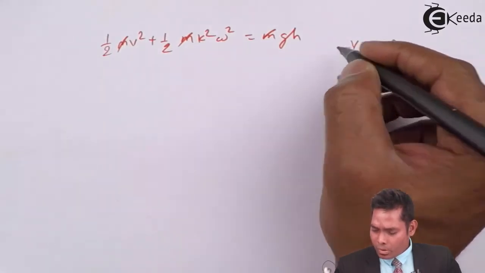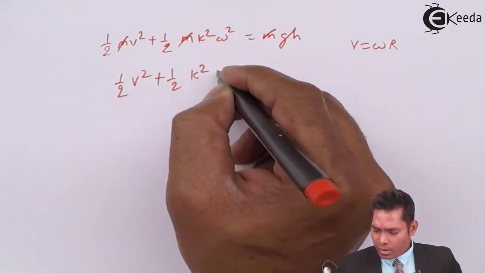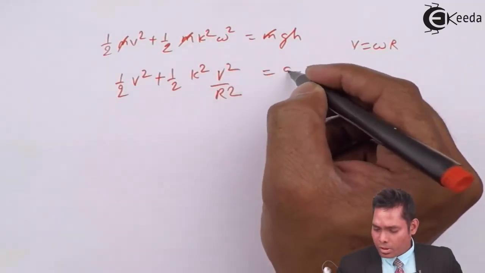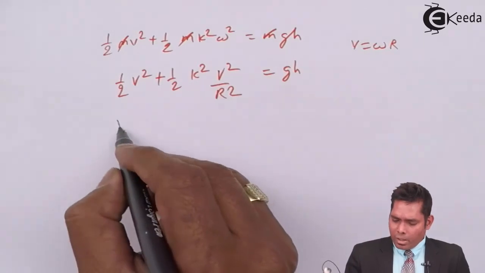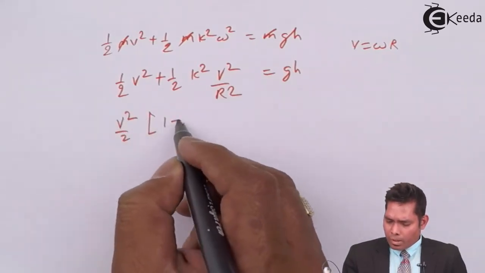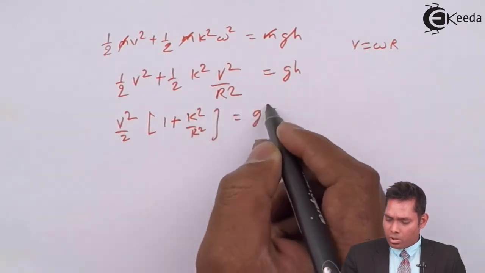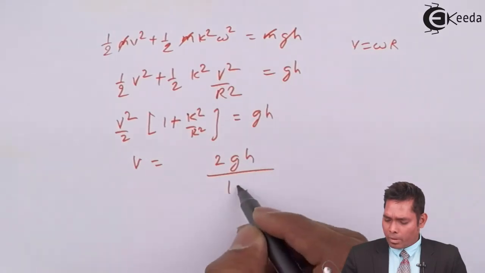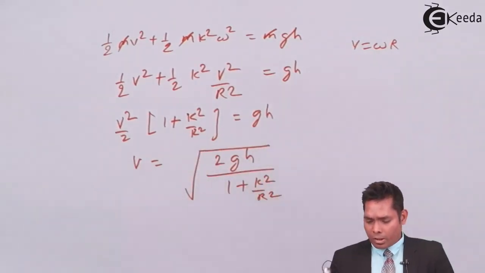So this is half v square plus half k square into v square over r square equals gh. If I take v square by 2 common, this becomes 1 plus k square over r square, equal to gh. From here v equals the square root of 2gh divided by 1 plus k square over r square. This is the formula for v.